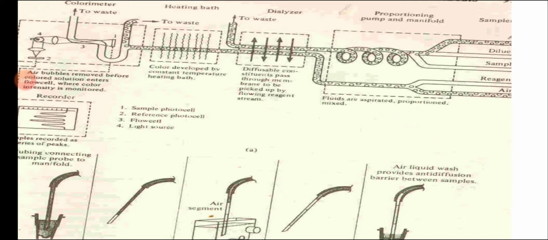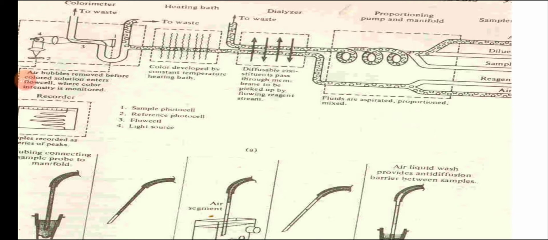The unwanted waste materials are diffused into the diluent system. The sample is made into septum into the line of the reagents. The reagents absorb this sample and mix with it. Then it is passed into the heating bath system, where temperature is controlled.